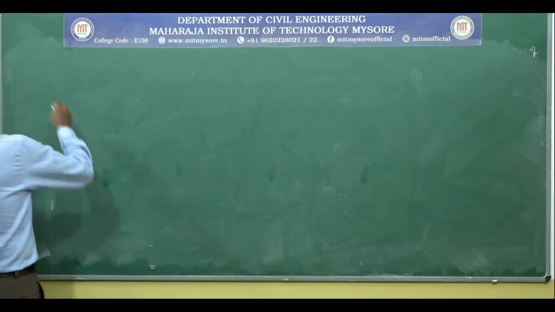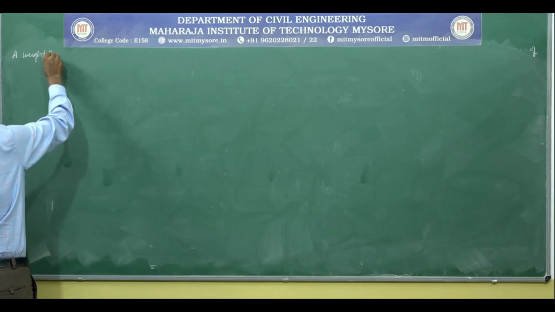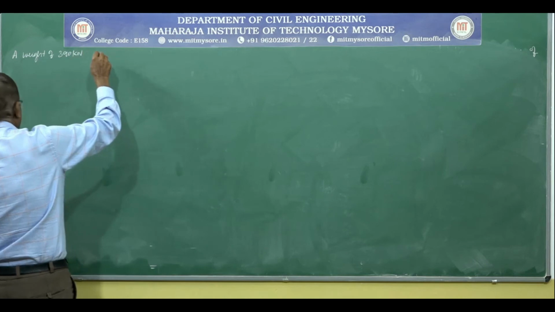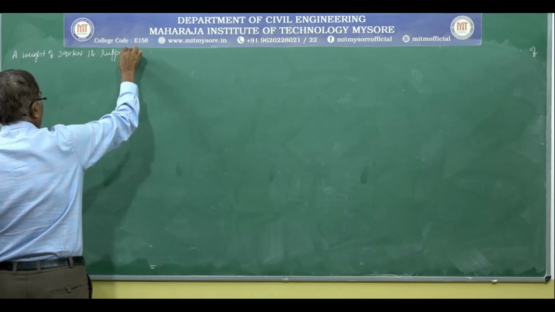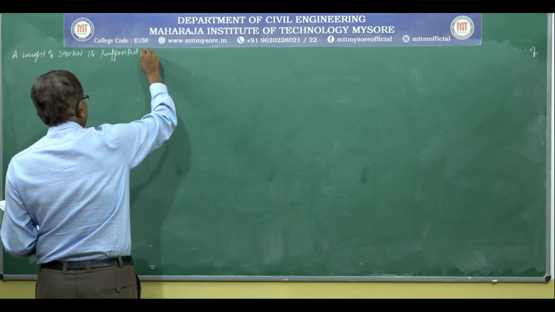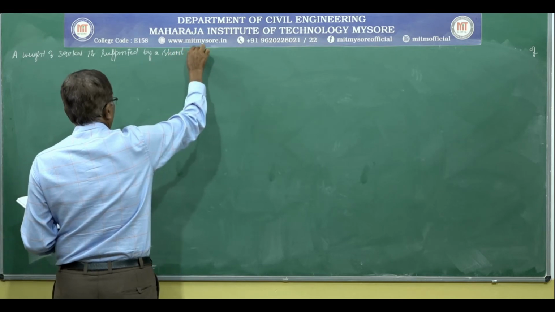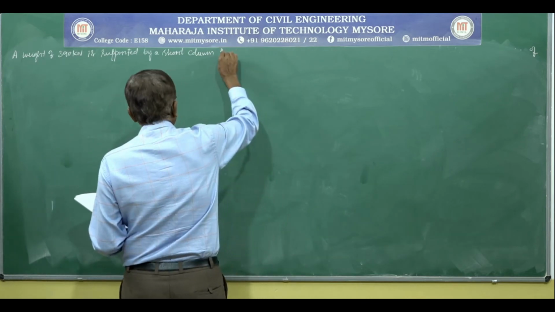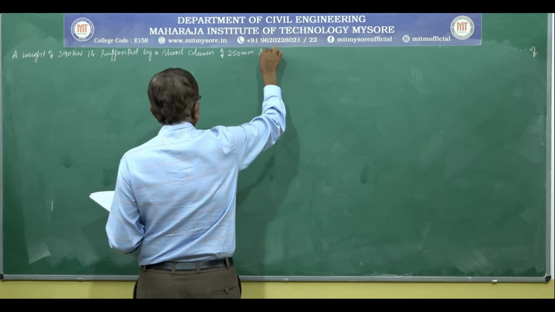A weight of 390 kilonewton is supported by a short column of 250 millimeter square section.